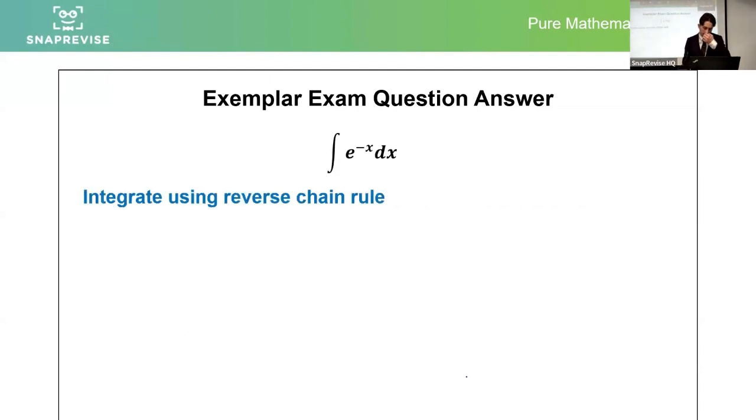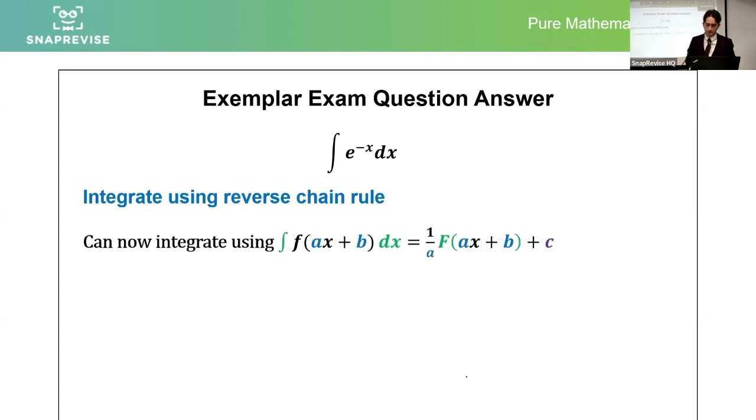Now, reverse chain rule, we have to be careful. And it's so easy for something like this to accidentally differentiate it. So just be careful. It's still integration, but we know obviously it will have something to do with e to the minus x. So e to the minus x plus c will be part of your answer. And if you were to differentiate that, e to the minus x, a minus would come down by chain rule.